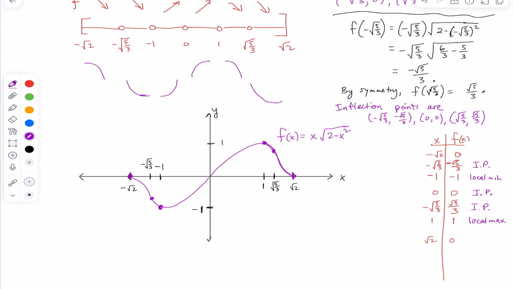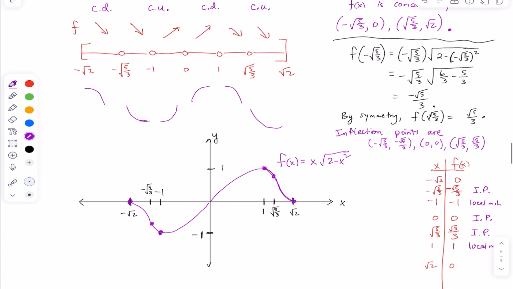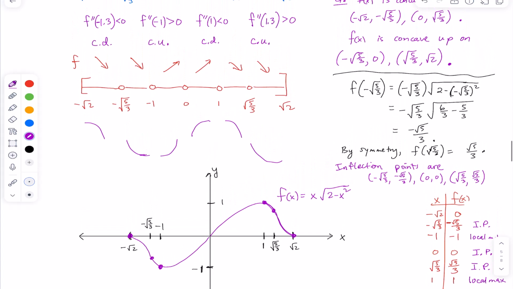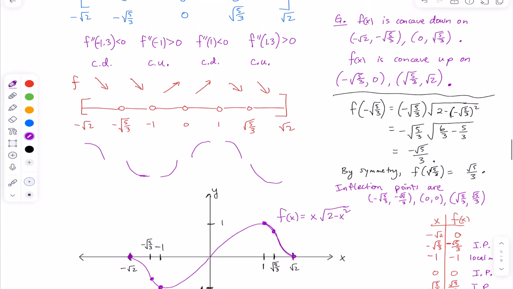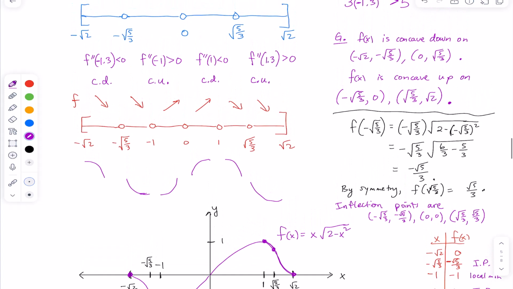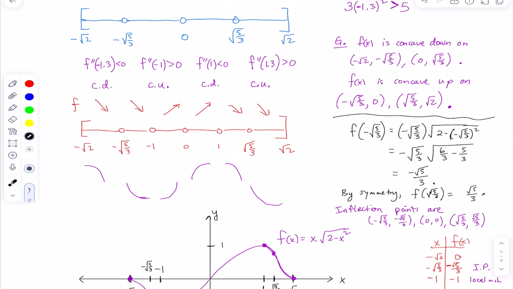Now, putting this giant puzzle together is no easy task. I recommend that you take your pieces, take your second derivative number line test, and draw a first derivative number line test right below it. So that's what this scheme is doing.